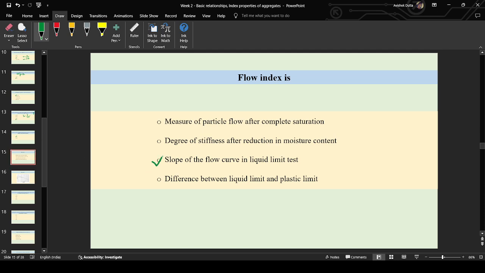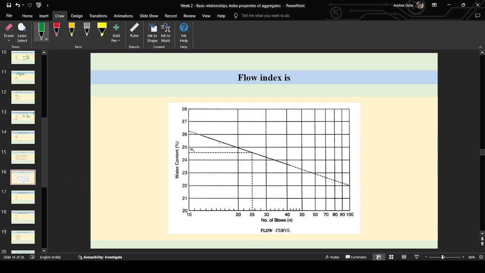Very good. So here we have the flow curve. Okay, here is the slope. So the value will be y2 minus y1 divided by x2 minus x1. What is y2? Now here it is reducing, so w1 will be more than w2, initial will be more, divided by log to the base 10.